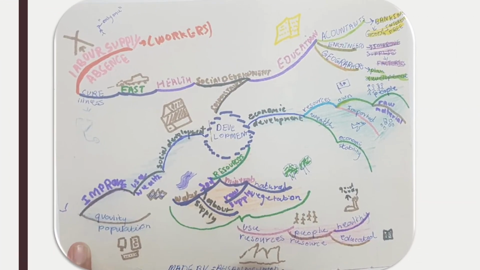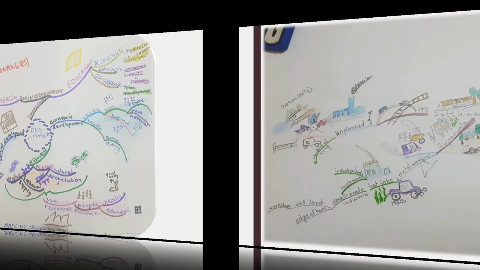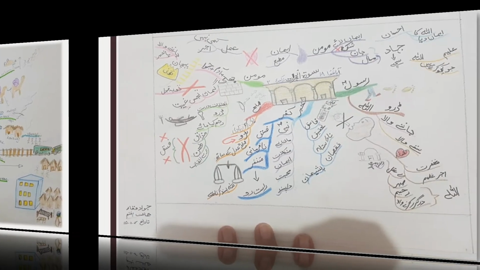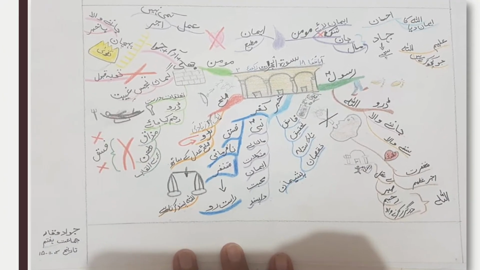Development, a mind map related to social studies or geography. This is a mind map related to settlement. This is a mind map which is related to Surah Hujurat. So you can see that we can make mind maps on any topic and in any subject.